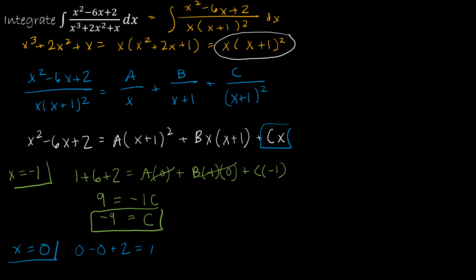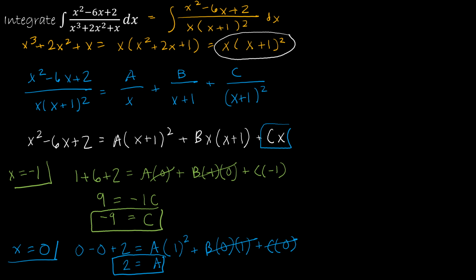I would get a times 0 plus 1 squared plus b times 0 plus 1 plus c times 0. So what am I left with? 0 minus 0 is 0 plus 2 is 2. On the right side, a times 1 squared is just 1a. No b's, no c's. So I have a equals 2.